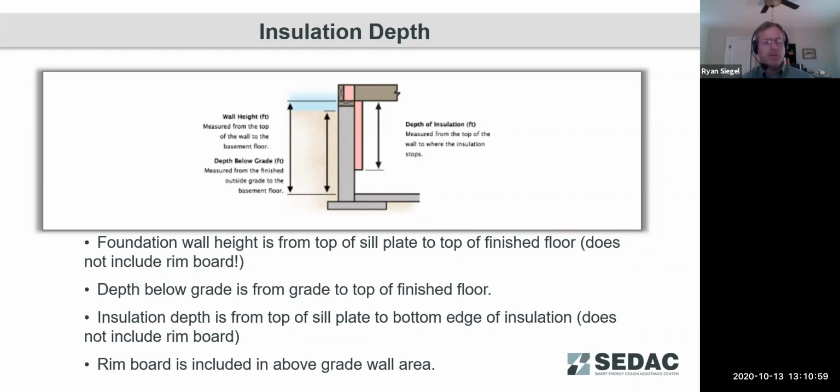And so that depth of insulation, depending on the application, could be from the top of the wall. It could be from the level of the ground. So again, that depends on where that insulation is and what insulation that is. So the rim board, we also note here that that little rim board is also part of the above grade wall.